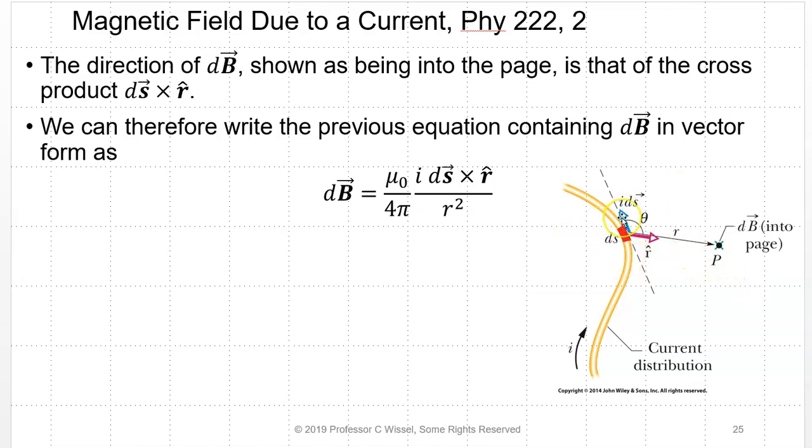Grab the wire with your thumb pointing in the direction of the current, and extend your fingers toward point P, and notice that they're pointing into the page. So dB is into the page, which is the direction of the cross product ds cross r. We can therefore write the previous equation in vector form as dB equals mu naught over 4 pi times I times ds cross r divided by r squared.